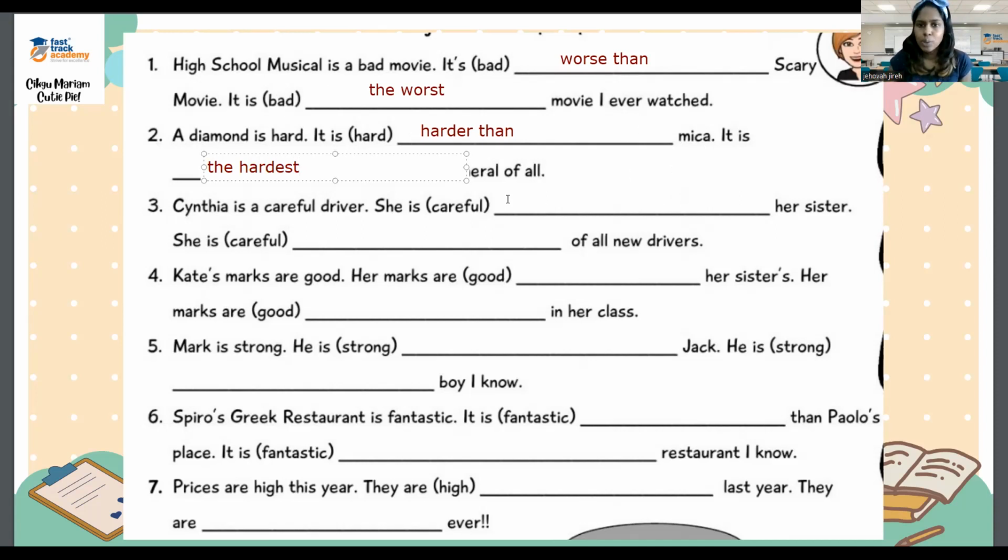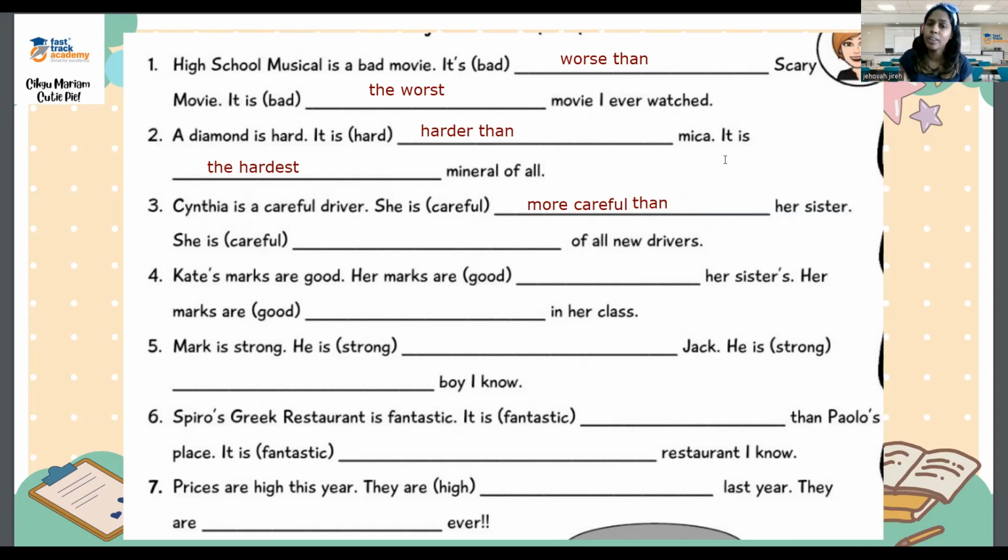Okay. Next one, number 3. Cynthia is a careful driver. She is carefuler or more careful? Yes, more careful. She is more careful than her sister. I forgot the word than.